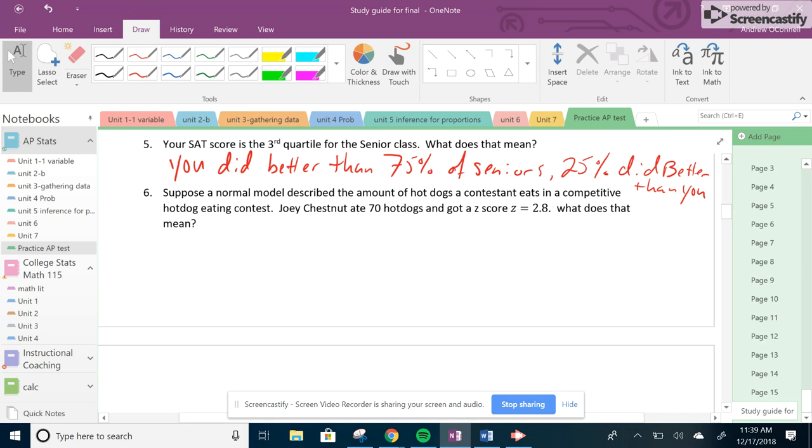Number 6, suppose a normal model describes the amount of hot dogs a contestant eats in a competitive hot dog eating contest. Anybody watch that on 4th of July? Joey Chestnut really ate 70 hot dogs in 10 minutes. Let's just say that he had a z-score of 2.8. What does a z-score of 2.8 mean?